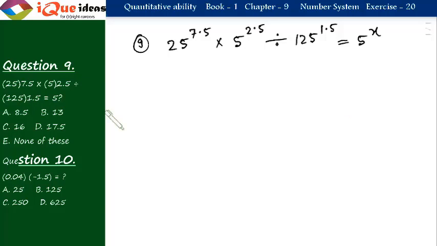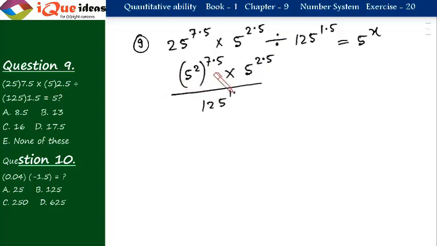Now first what we do is write it like this. This 25 can be written as 5 square whole to the power 7.5, into 5 raised to the power 2.5, divided by this 125 raised to the power 1.5. Okay, this is equal to 5 raised to the power x.